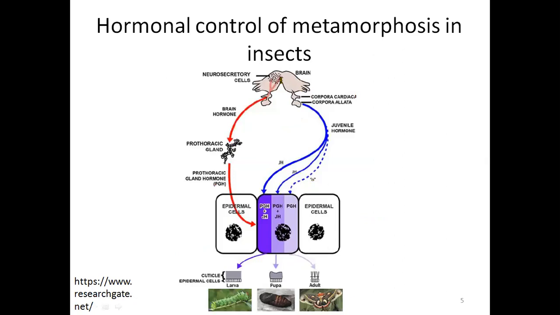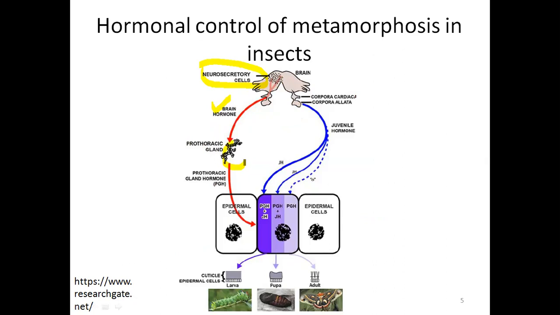Now, the same flow chart has been depicted in a different form here. Here there are neurosecretory cells present in the brain. They produce the brain hormone. The PTTH or prothoracicotropic hormone is also called the brain hormone.